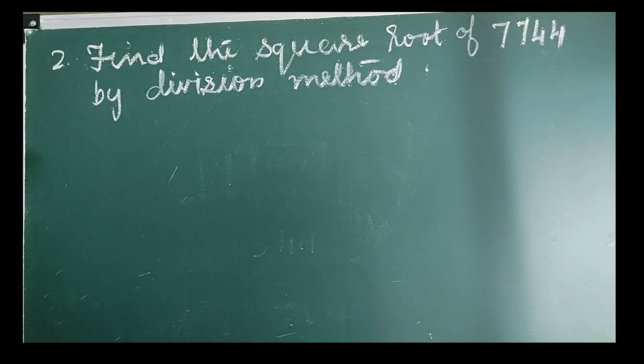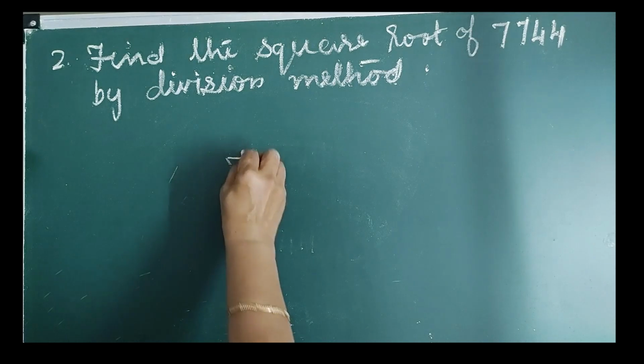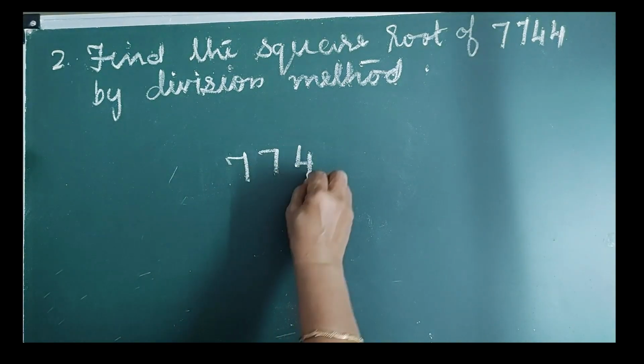Question 2. Find the square root of 7744 by division method. We have learned how to find the square root of a number by division method. First of all, the given number, that is 7744.